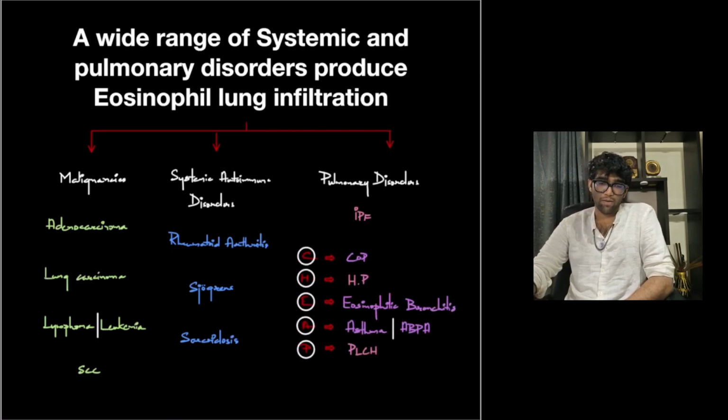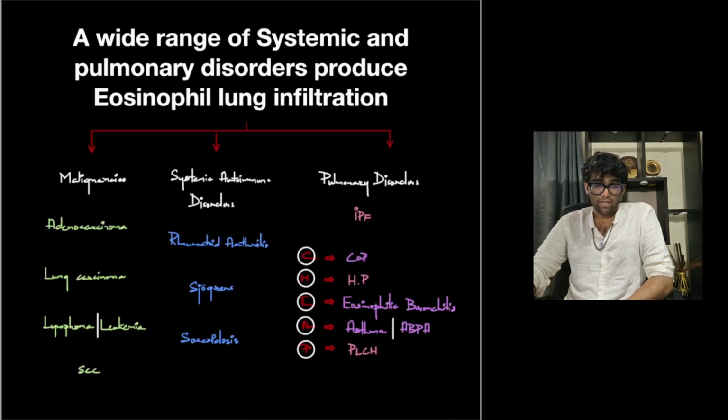Also are pulmonary disorders, so the differential diagnosis is rather easy to remember. That is, C would stand for cryptogenic organizing pneumonia, H for hypersensitivity pneumonitis, E for eosinophilic bronchitis, A for asthma or allergic bronchopulmonary aspergillosis, and P would stand for pulmonary Langerhans cell histiocytosis, PLCH.